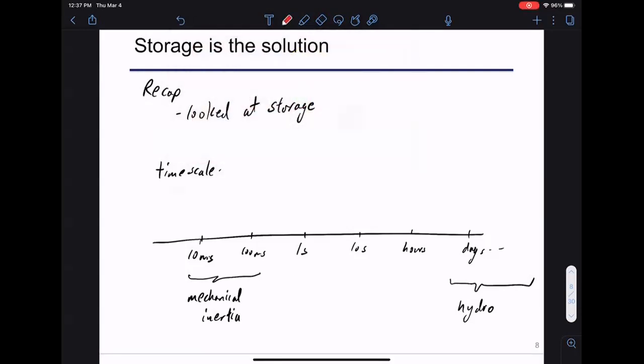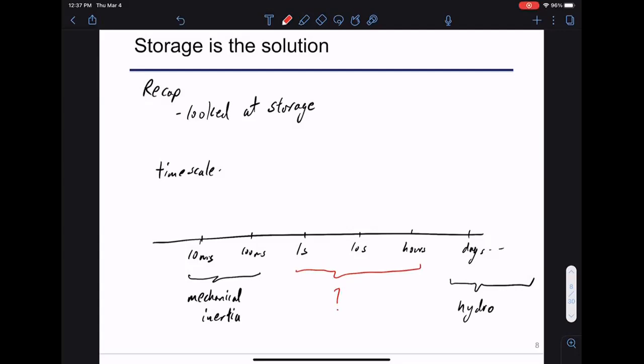If you look at a lot of the storage technology we're talking about, it's worthwhile to place them in this time scale. Think of several seconds to hours. Traditionally, we did not have this type of storage technology in the grid.